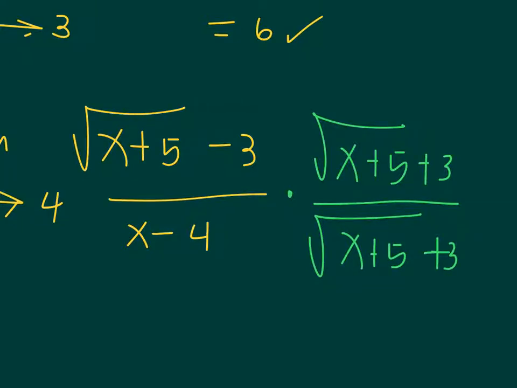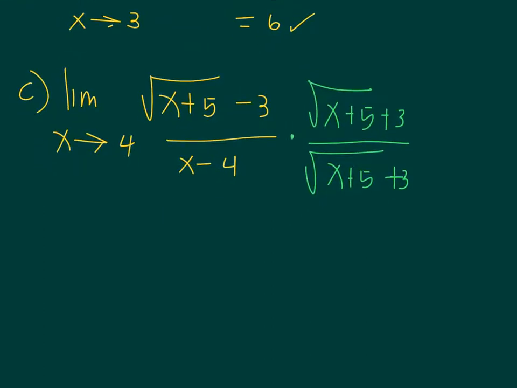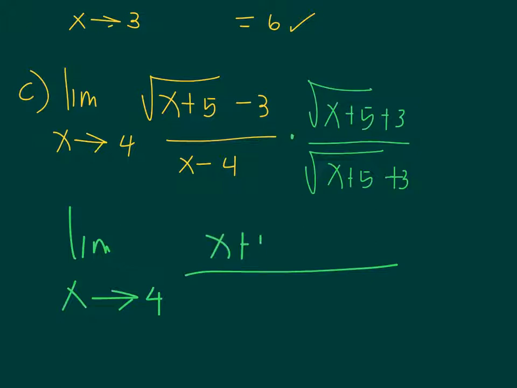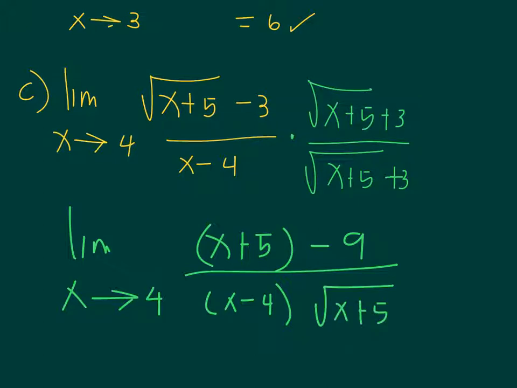So what will happen if we multiply by the conjugate? Cancel the square root, because in effect the numerator becomes what? X plus 5 on the first, and then minus 9. Down below, do not simplify, but just copy square root of x plus 5 plus 3 together with the x minus 4.